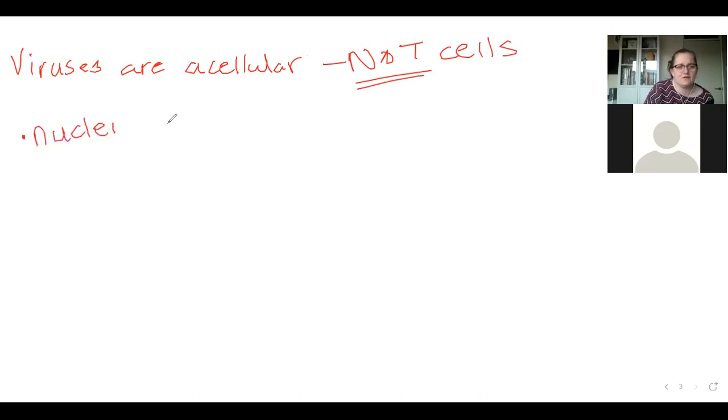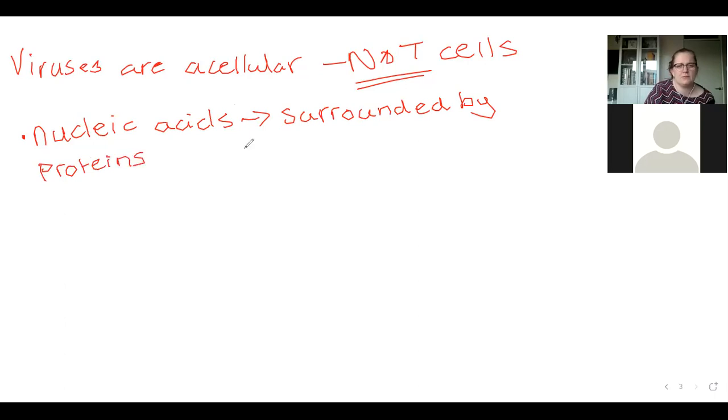Viruses are made up of nucleic acids surrounded by proteins. They are not alive either, which is really important to remember. Lots of people fall into the traps. They're not cells, and not alive.